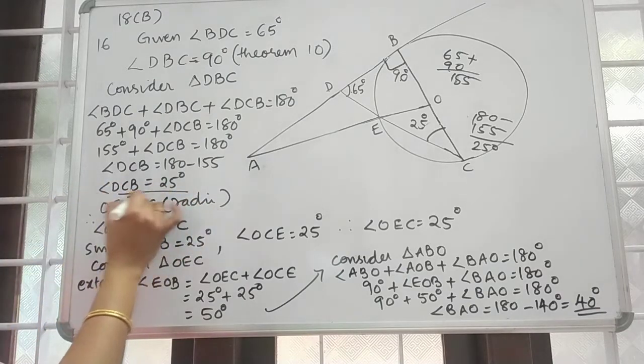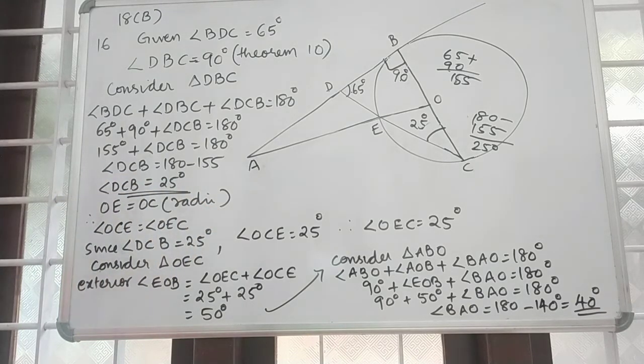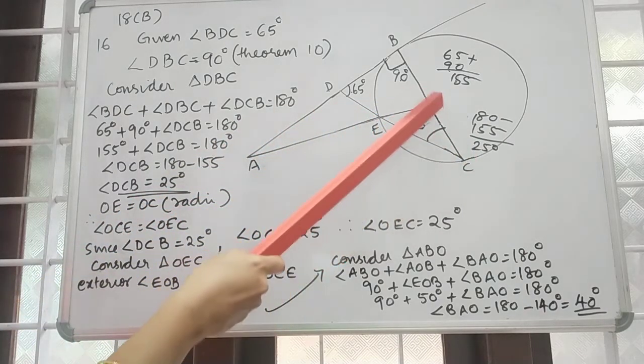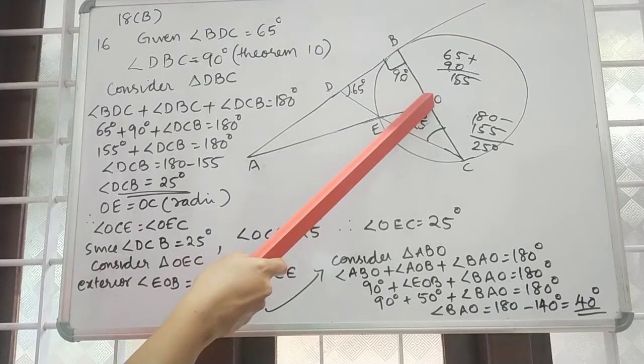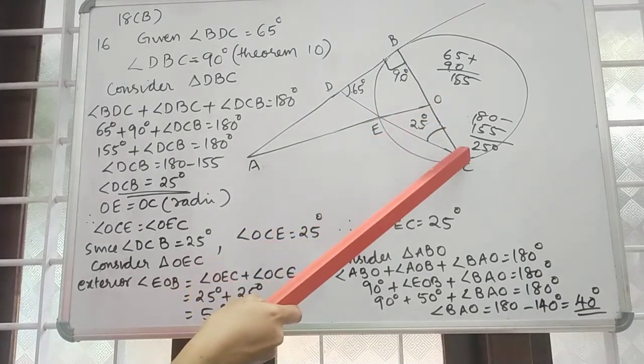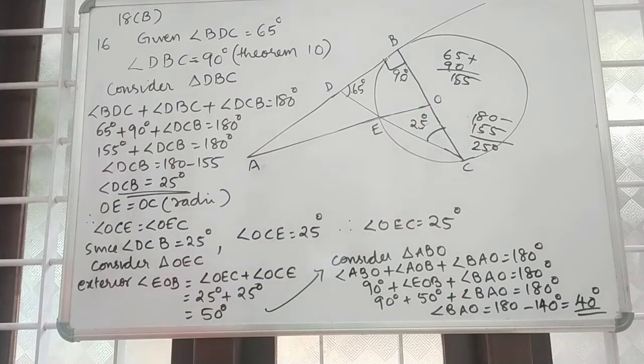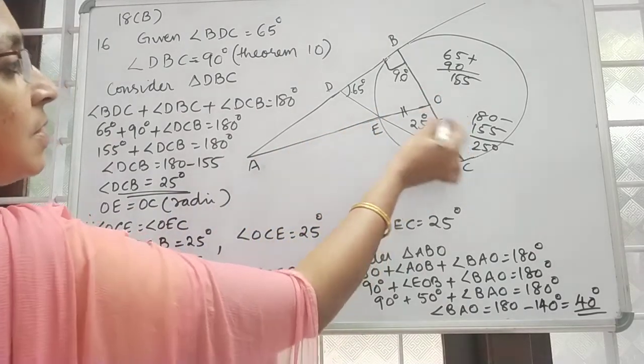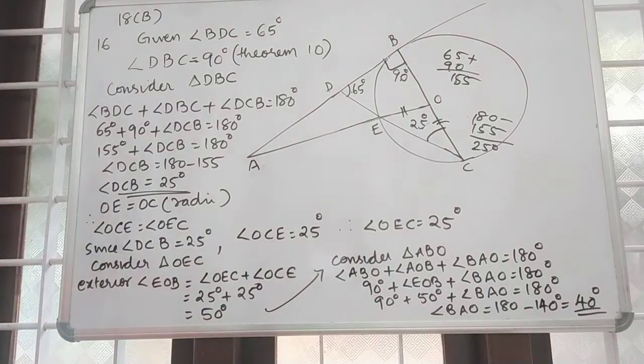Look at OE and OC. Since O is the center of the circle, OE is the radius, OC is also the radius. So radii will be equal, that is OE will be equal to OC. So angles opposite to those sides will be equal.